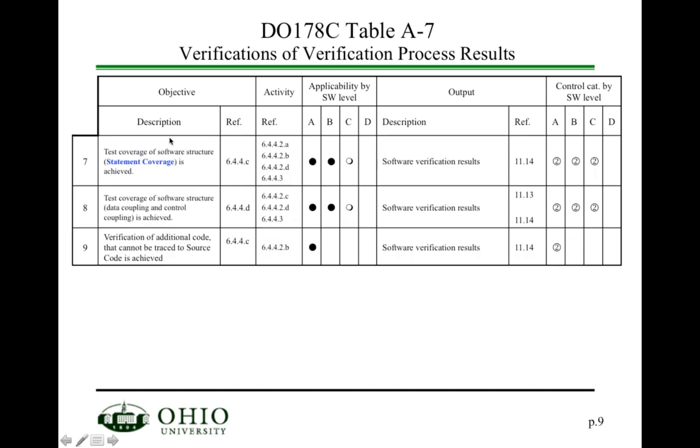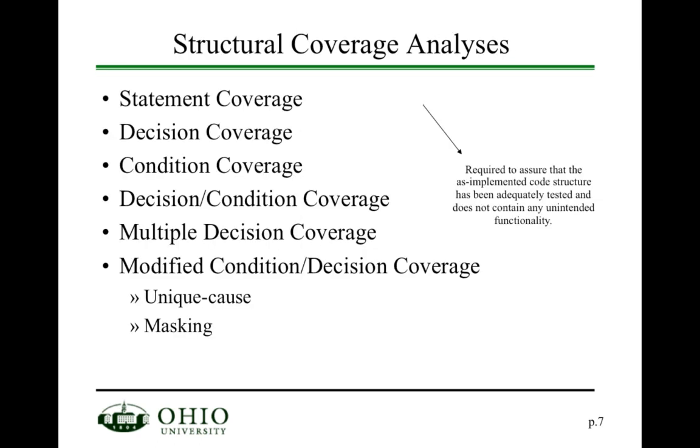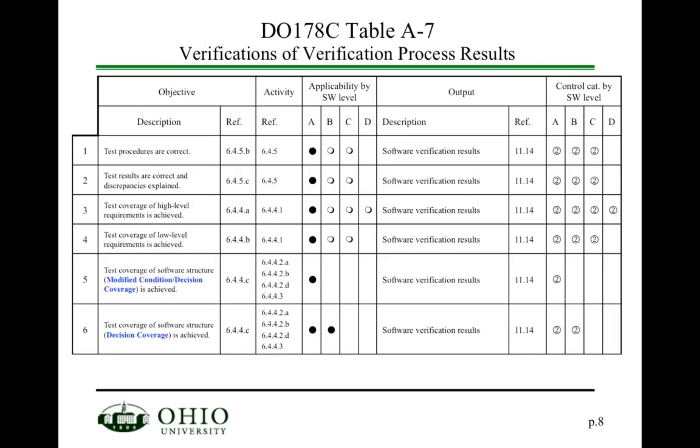And then finally, you have statement coverage, which must be performed for level A, B, and C code, and then only with independence for level A and B. Now, we're also going to talk about the condition and multiple decision coverage as well, even though they're not specifically mentioned in DO-178C.